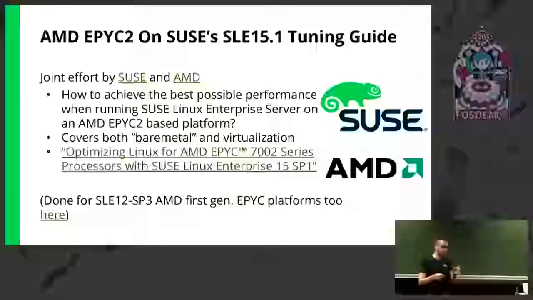I will speak about this work that we did together, as SUSE with AMD as a partner, on coming up with a set of tuning advice for optimizing the performance of one of our SUSE products, SUSE Linux Enterprise Server 15SP1, which is pretty much the same as openSUSE Leap 15.1, on this class of AMD processors. So I will use this as a case study.